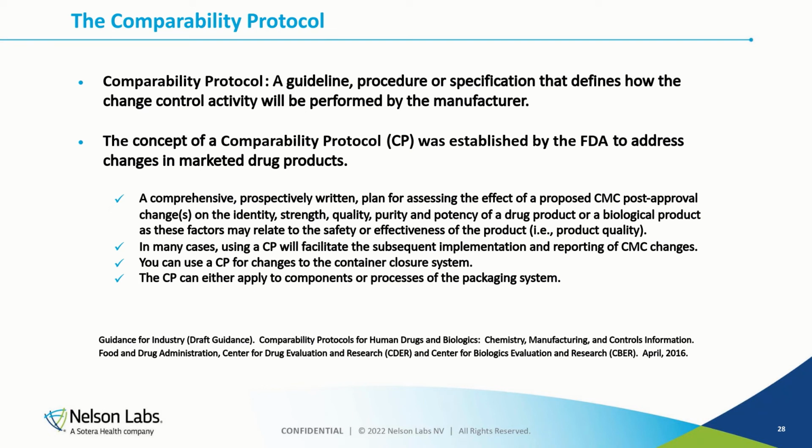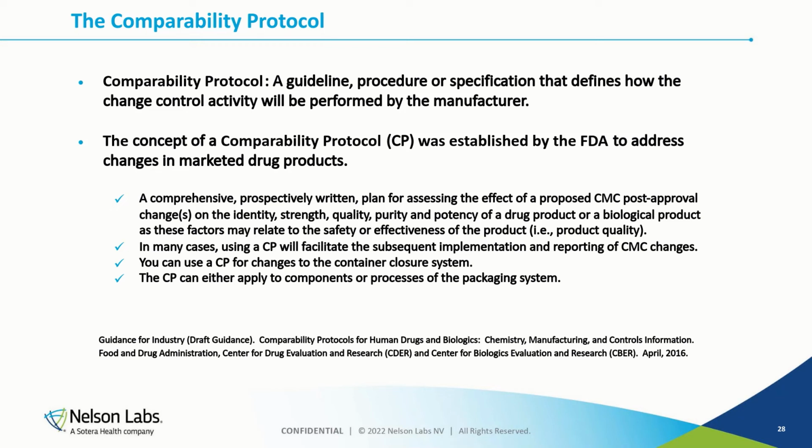Okay, so that is the risk-based change control process for packaging that hopefully eliminates the need to do extractables testing or leachables testing to manage change, with the idea that extractables testing is only necessary in the high risk situations.